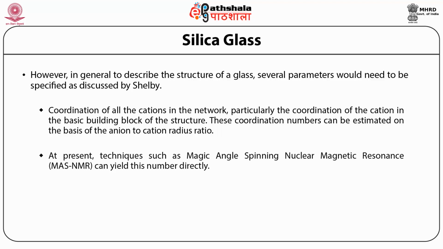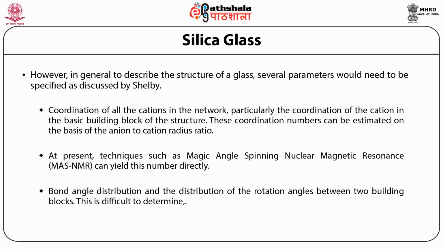At present, techniques such as magic angle spinning nuclear magnetic resonance, that is MAS NMR, can yield this number directly. Next is the bond angle distribution and the distribution of the rotational angles between two building blocks. This is very difficult to determine.